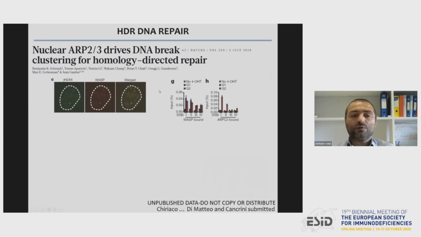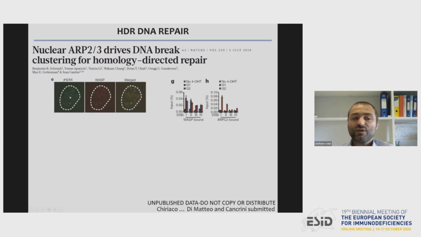There is some novel data, yet unpublished, that Caterina Cancrini presented yesterday. We did a nice collaboration on that with her group and Dottoressa Chiriaco and Di Matteo at Bambino Gesù Hospital in Rome. So it was very recently shown that the ARP complex, Wiskott-Aldrich syndrome protein and nuclear actin are required for double-strand break repair, at least in homology-directed repair.